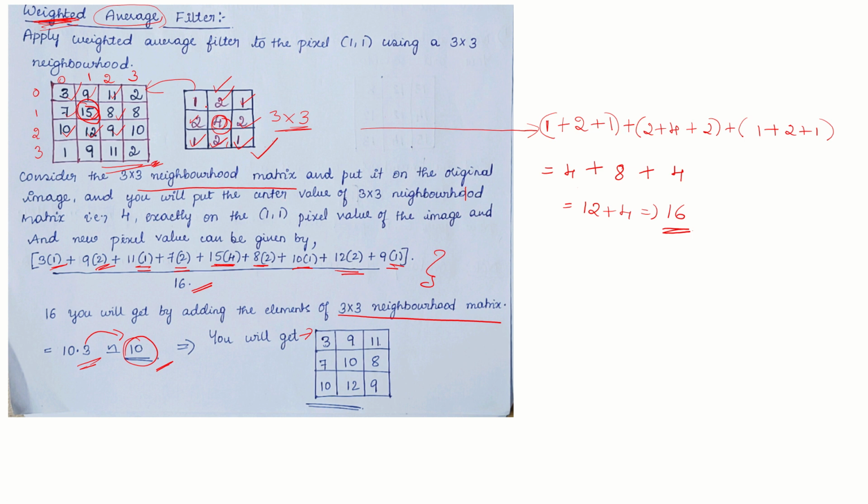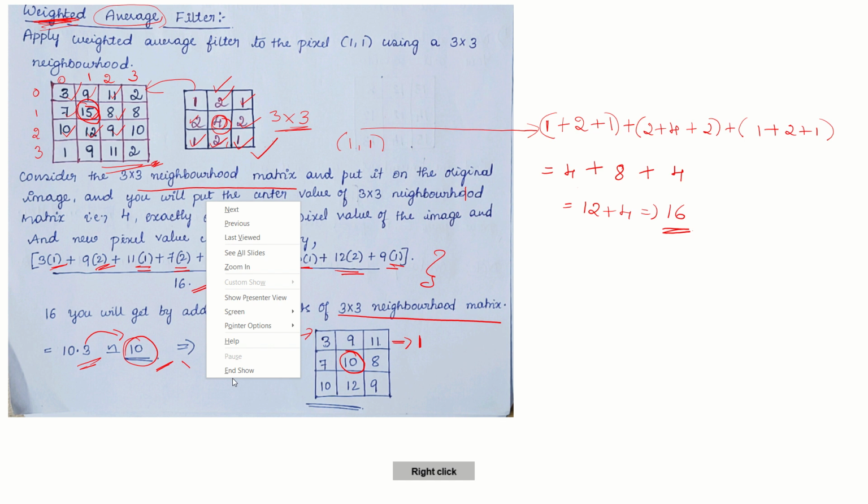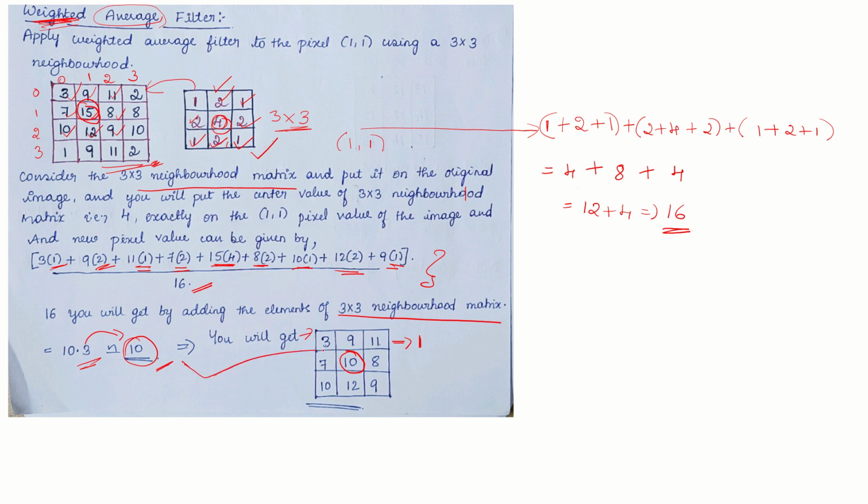Now your work is to replace that center pixel, that is the 1 comma 1 pixel value, with the newly calculated value. What is that new value we got? That is 10. So your 3, 9, 11 everything remains as it is. This is for your first row. Your center pixel is in this particular location, so it was 15 before, now it is changed to 10. This is your new value. Last row is the same, 10, 12, 9.